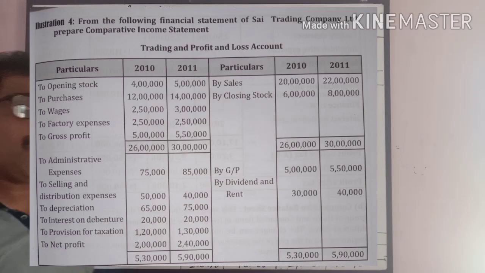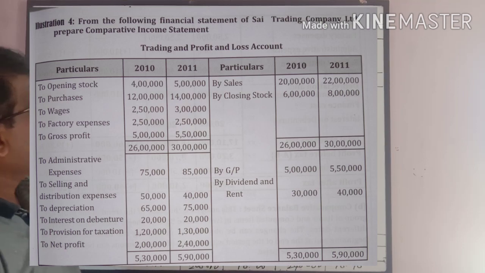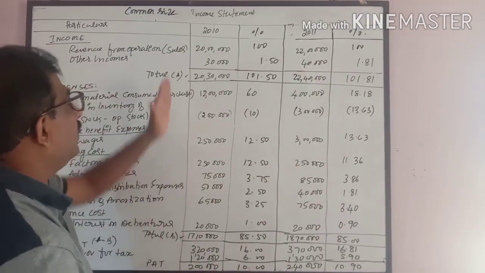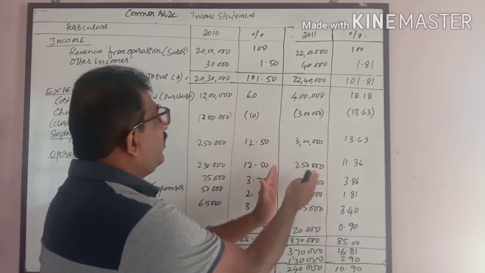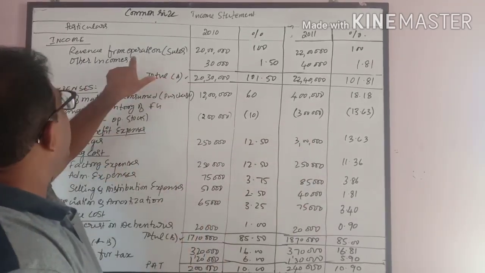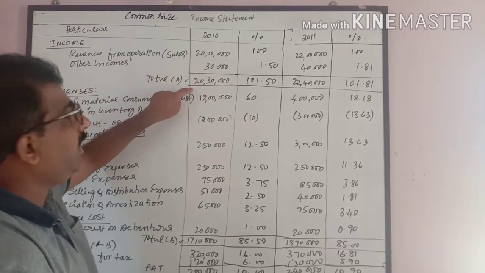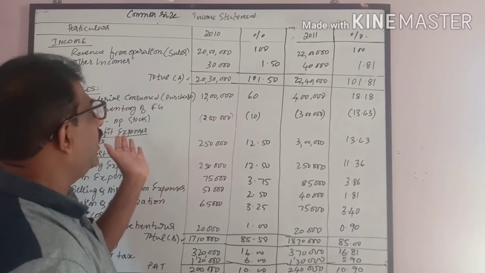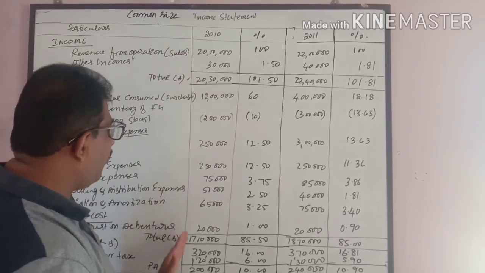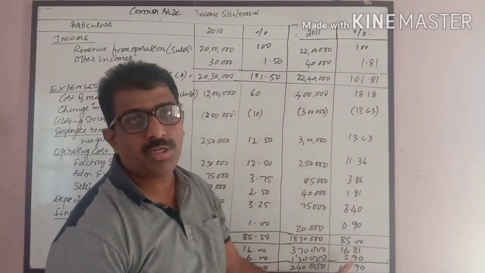So in the same problem, common size income statement, these two values will be the same. These two columns have not been changed. I just put the values in the other column here. Sales, revenue from operation 20 lakhs, other income 30, total 20 lakh 30. All these informations, whatever we have done in the comparative statement, same format I have written here. Only this particular column you should concentrate.